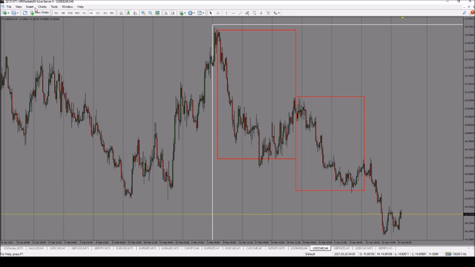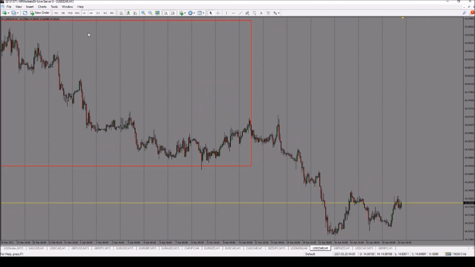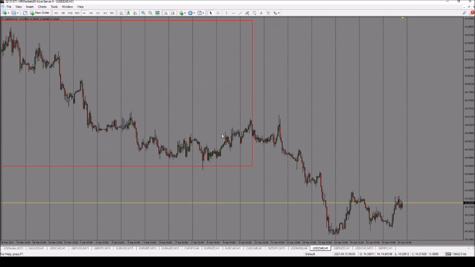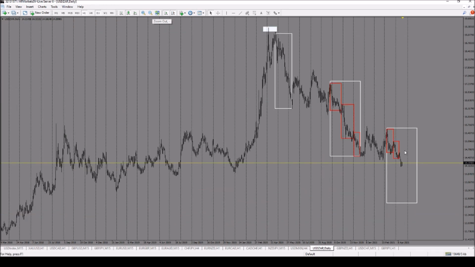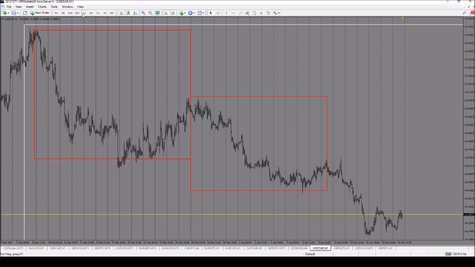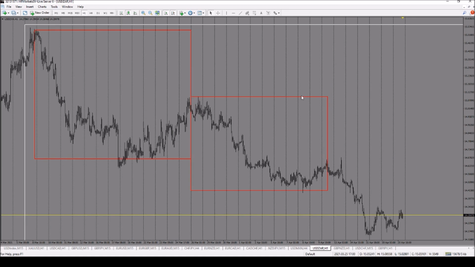So we need to verify on the H1 time frame to see if we now have a complete wave. As you can see, we now have two complete waves on this last daily wave. So what are we now expecting? Let's verify with the H1 time frame to see if this wave is actually complete.